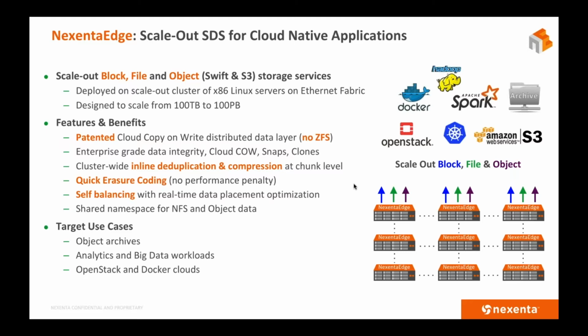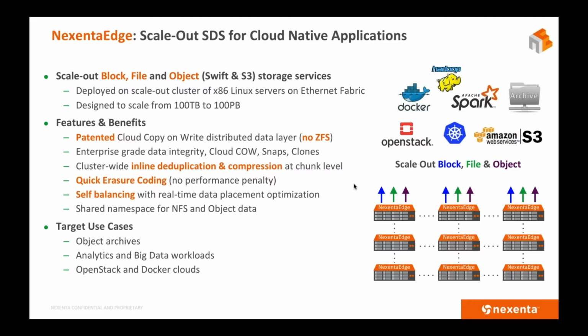What that means is that you take a number of x86 servers. We start at essentially 4 servers with direct attached disk, and you can grow that to many, many servers. Think racks and racks of servers. You connect these together using 10 gigabit Ethernet for a storage backend network, and we then form what we call a cluster.